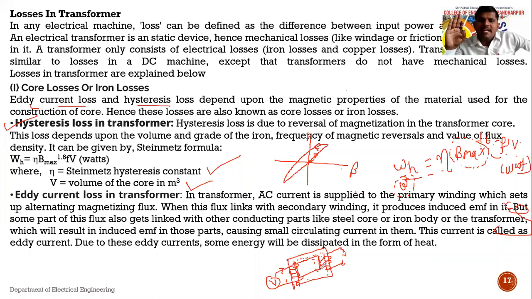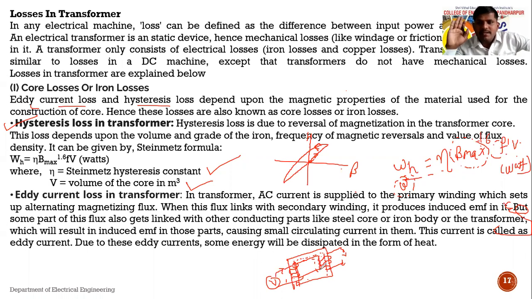If the EMF is induced in the secondary winding, do you know whether the total flux is linked with the secondary? The total amount of flux created in the primary, whether this total amount of flux will be set up in the secondary, or linked to the secondary, or there is some loss.